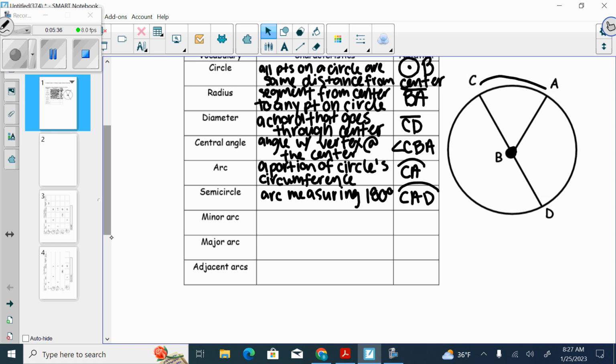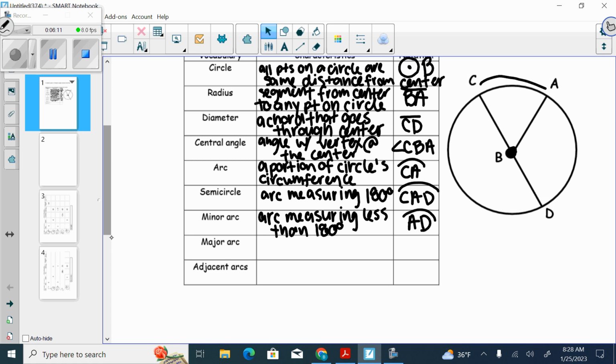Okay, what's a minor arc? Right, an arc that's less than 180. Good. Besides the one we already mentioned, CA, what would be an example of another minor arc here? Good.